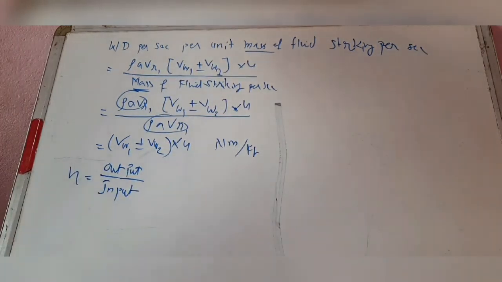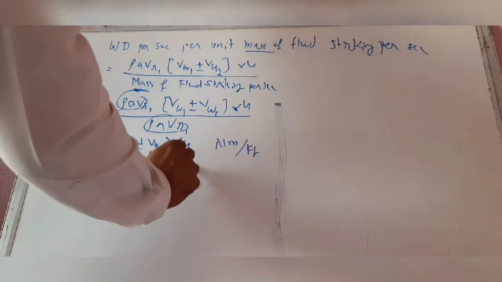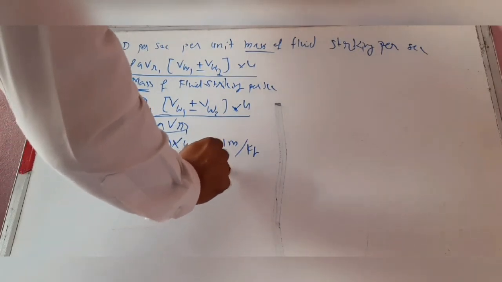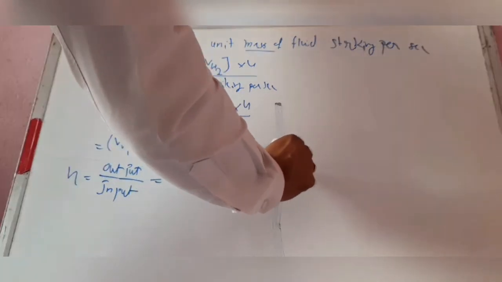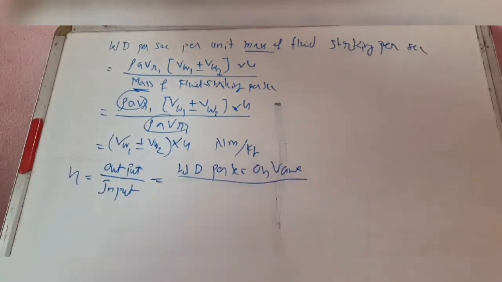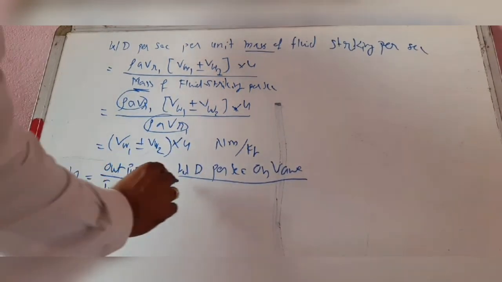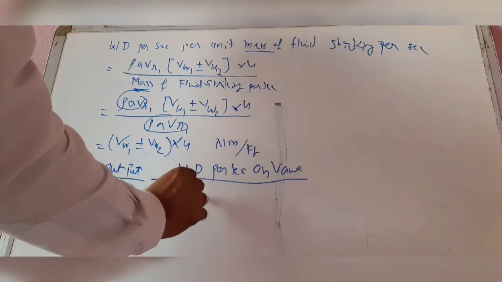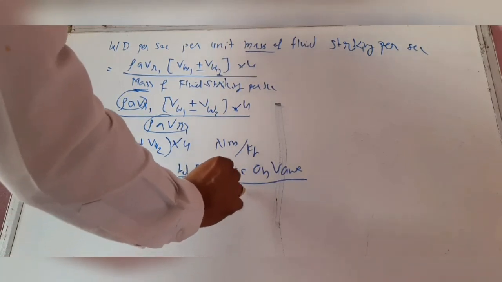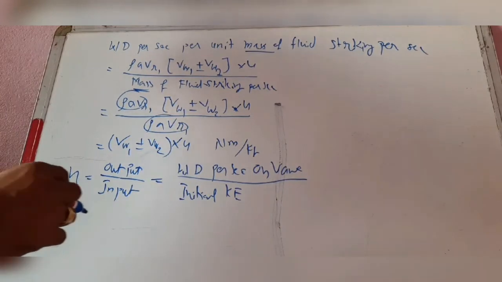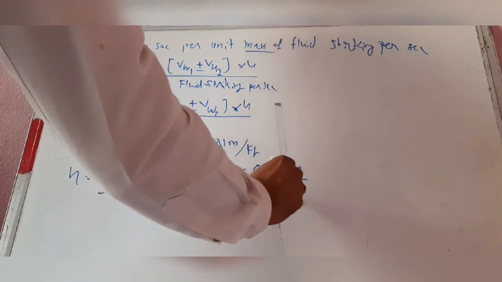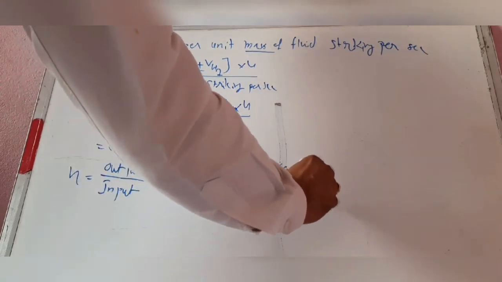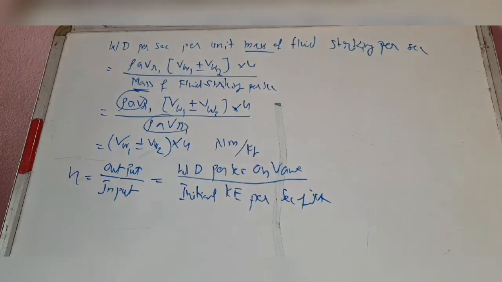Here the work done per second is the output, and the input is the initial kinetic energy per second of the jet.